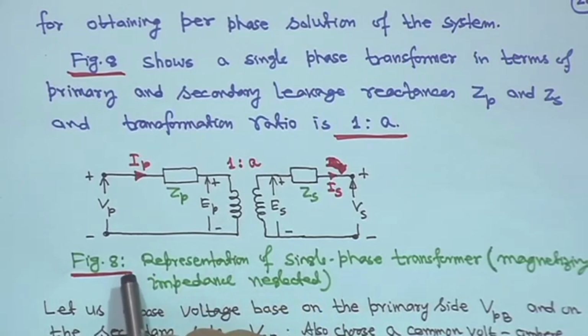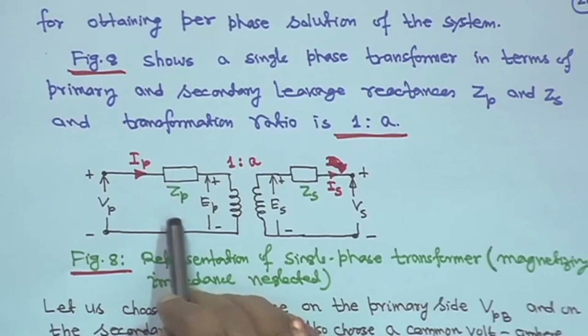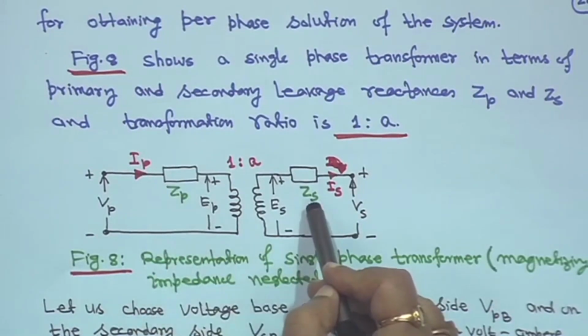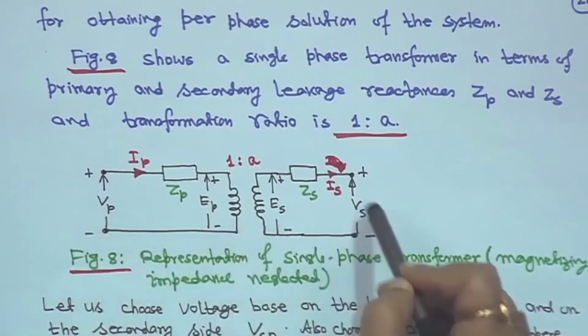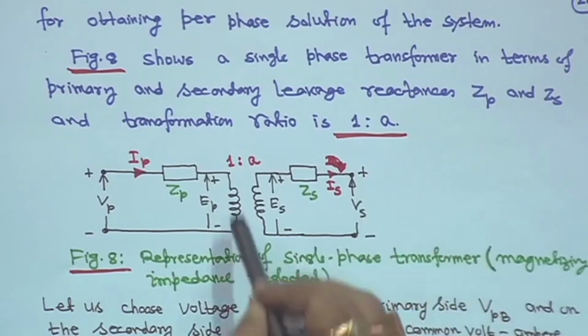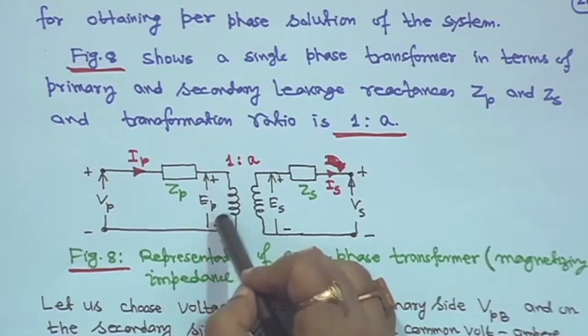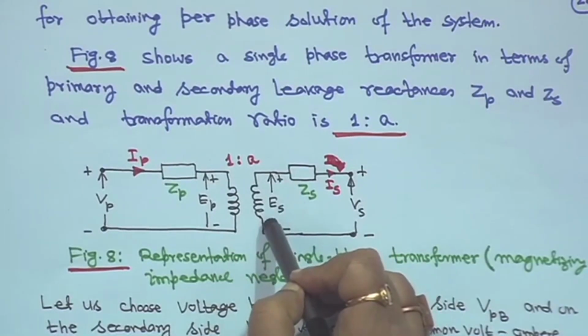It shows a single phase transformer in terms of primary and secondary leakage impedances, ZP, this is the primary side, and this is ZS, right. And this is your terminal voltage Vp and this is your secondary side Vs, right. And voltage Ep is across the primary winding and Es is across the secondary winding, right.